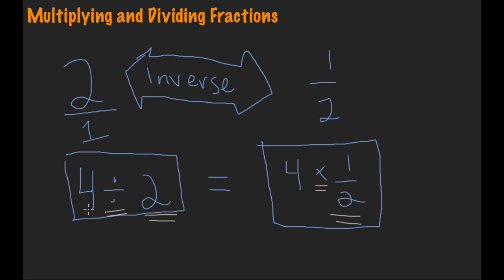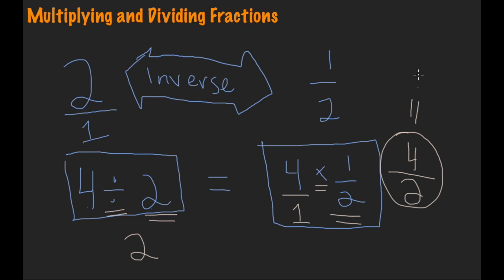Now, we know that 4 divided by 2 equals 2, but what is 4 over 1 times 1 over 2? Let's see. 4 times 1 is 4, 1 times 2 is 2, and we know that 4 over 2 equals 2. As you can see, they are the same.